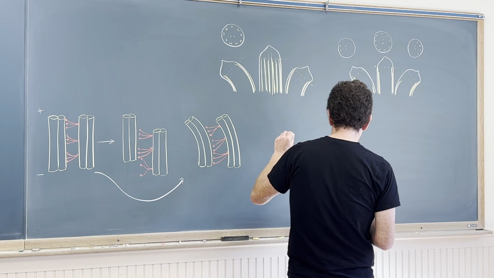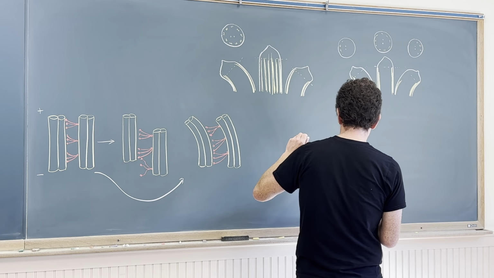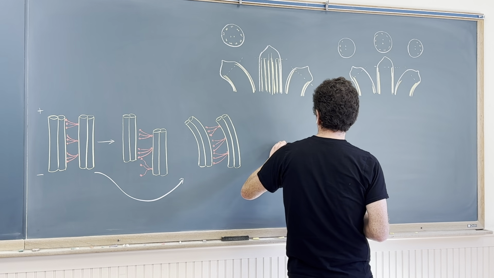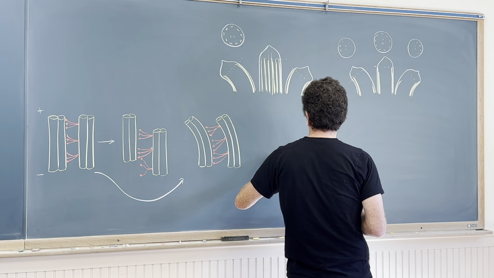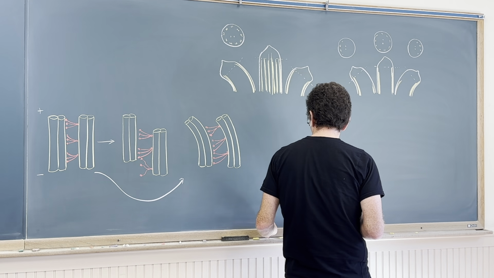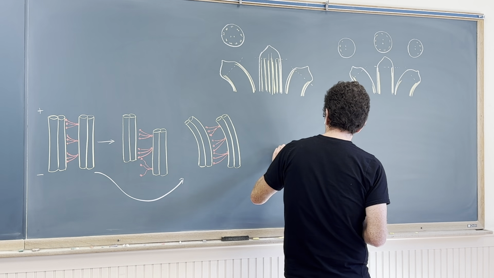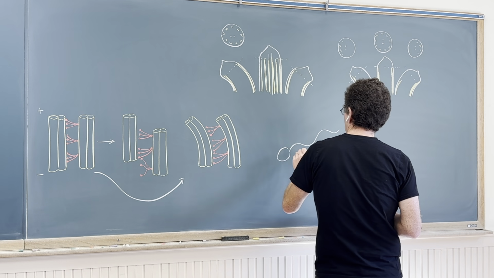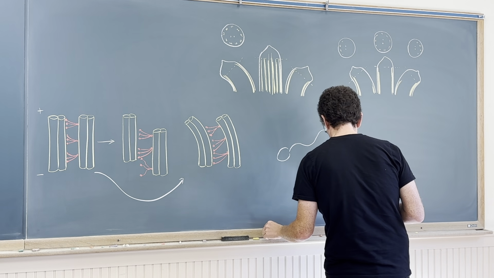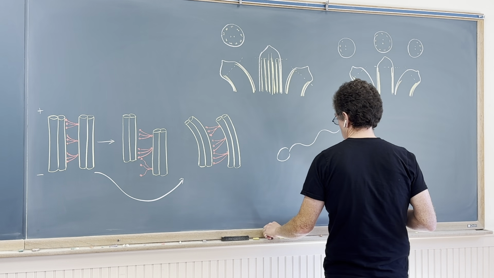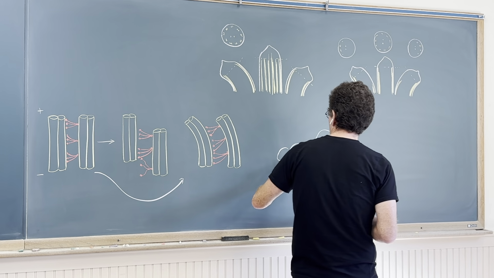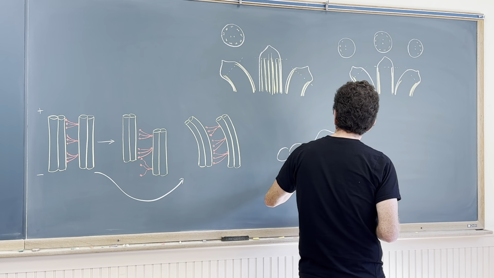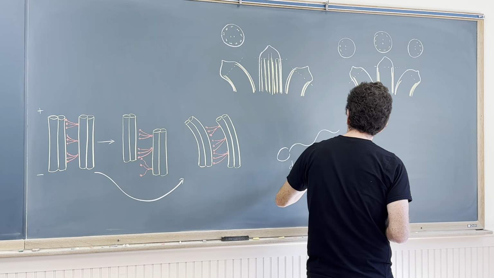Unambiguous proof came, not long afterward, from studies of those demembranated sea urchin sperm that I mentioned. So take all the membranes off, and these sperm tails, if you add ATP and some magnesium, will make a perfectly good flagellar beat.